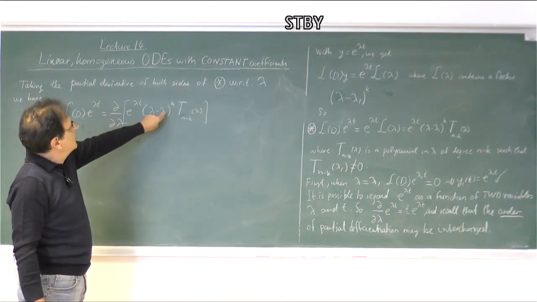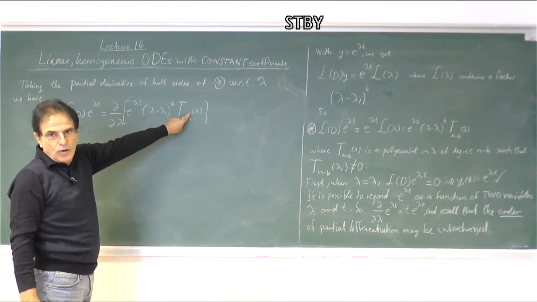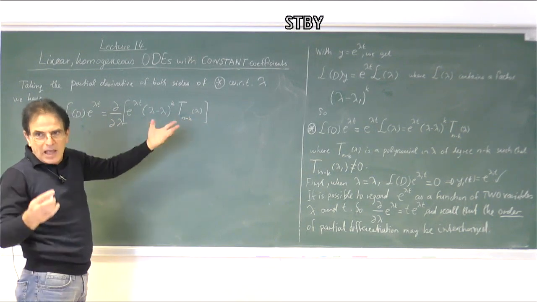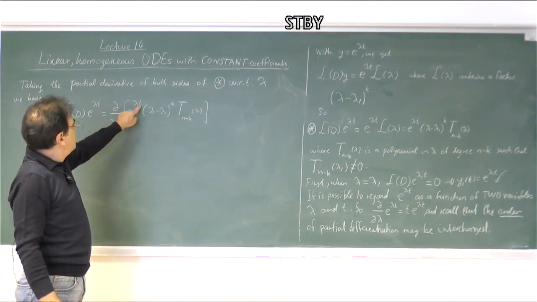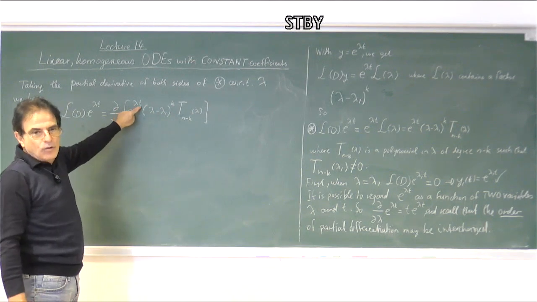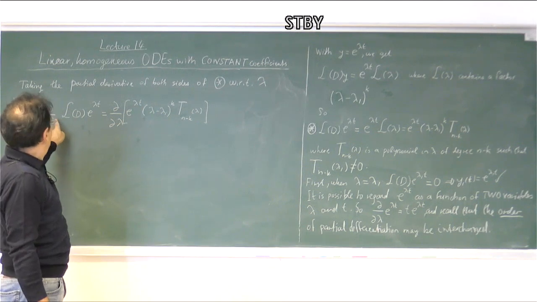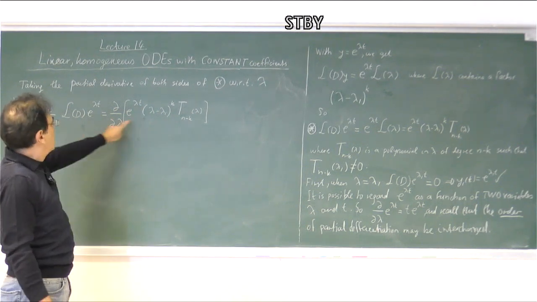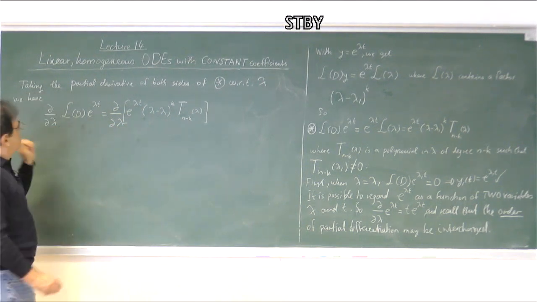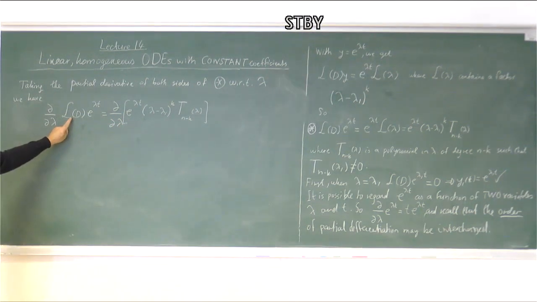Look, the second factor and the third factor are functions of lambda only, but the first factor depends also on t. So I'm going to take partial derivative of both sides with respect to lambda, and keeping in mind that, look, what is L of t? L of t shows derivatives with respect to t.